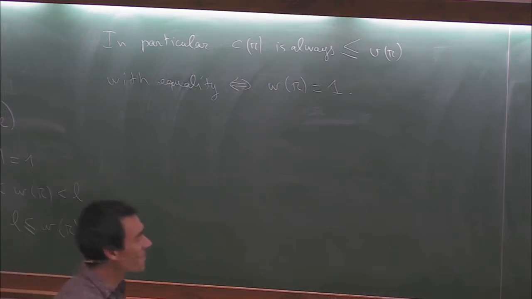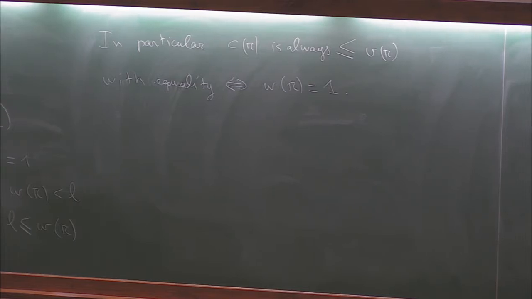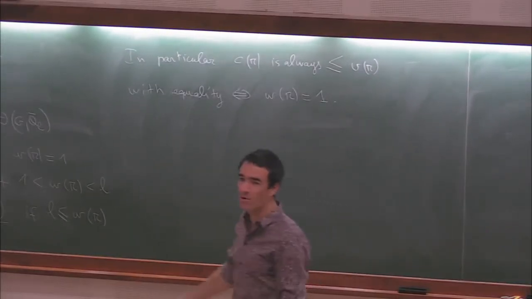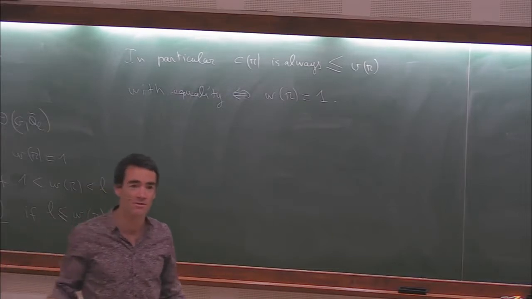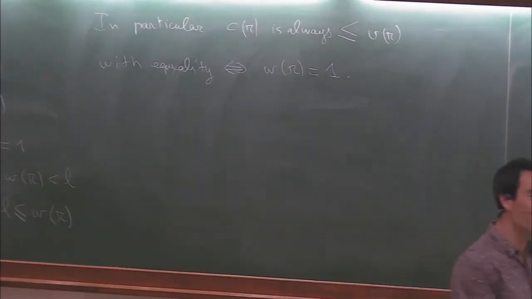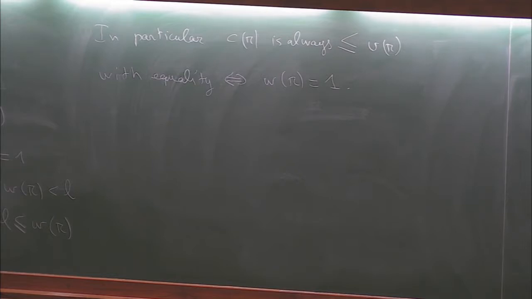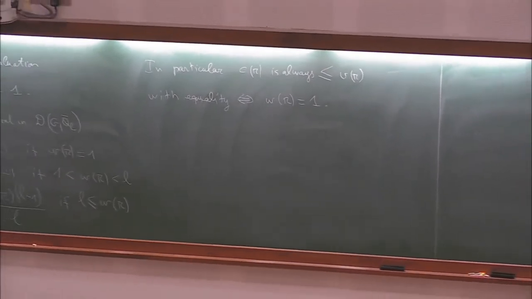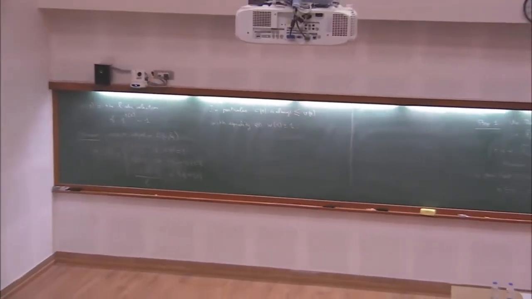I have to say that this idea of computing the cardinality of this set in order to study the properties of the reduction mod L of representations is initially due to Vignéras in her proof of the mod L local Langlands correspondence. And this idea has then been adapted to the Jacquet-Langlands case.